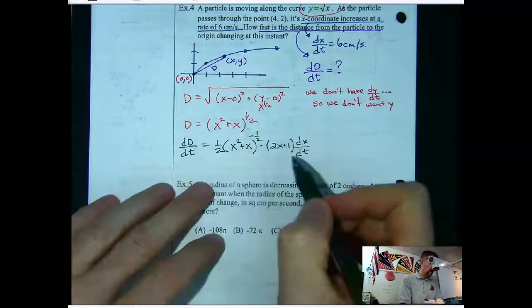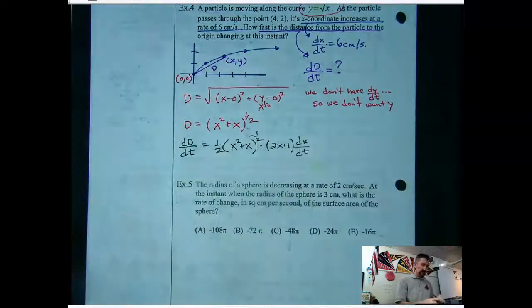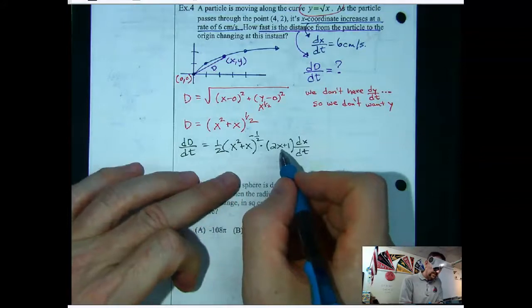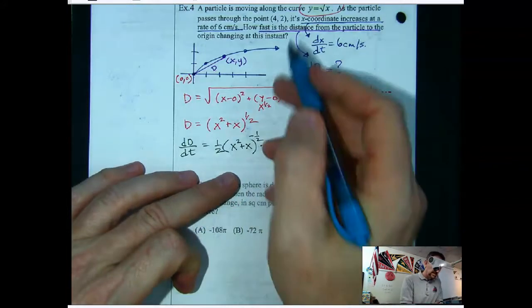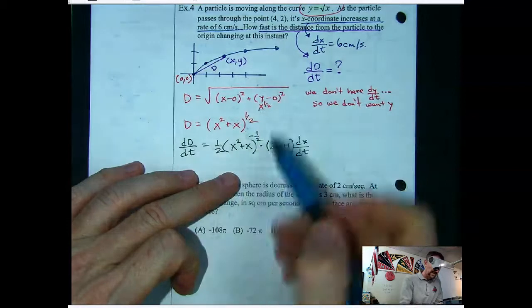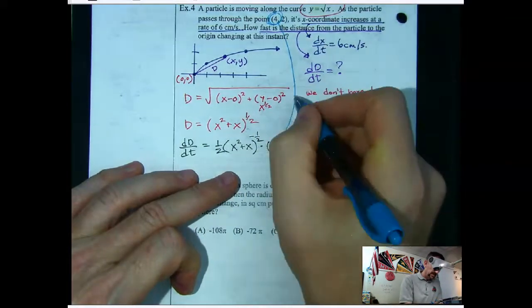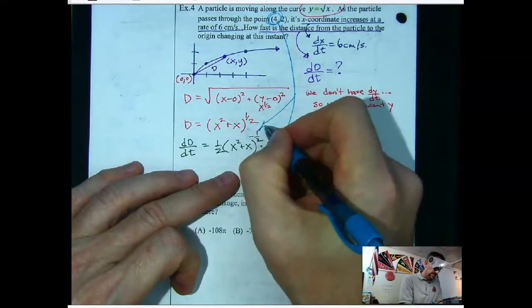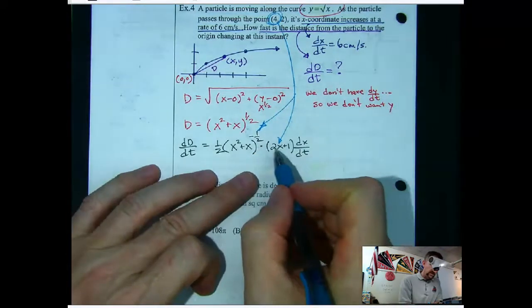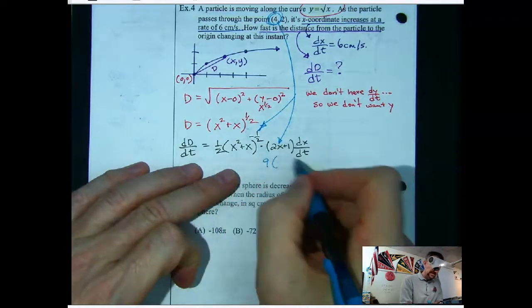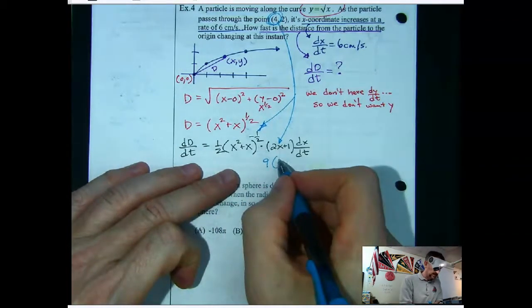So plugging in 6 goes right here. We're talking about at the point 4, so x equals 4. So 4, 2 times 4 is 8, plus 1 is 9, so that's going to be 9. This, we said, was 6.